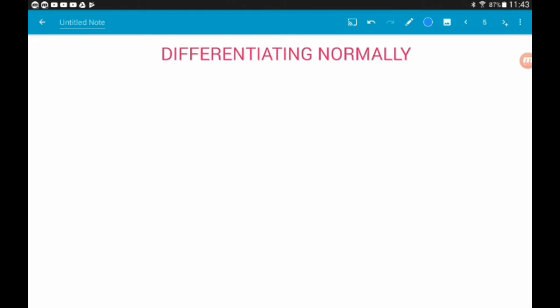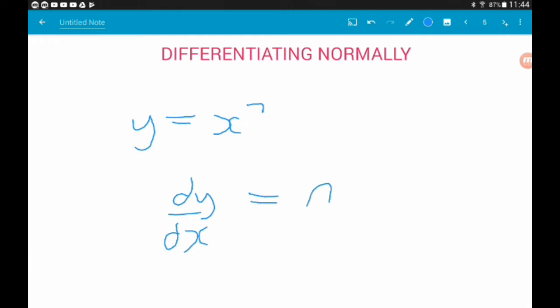So, if we have an expression y equals x to the power n, then the differential, or the dy by dx, is equal to n times x to the n minus 1.